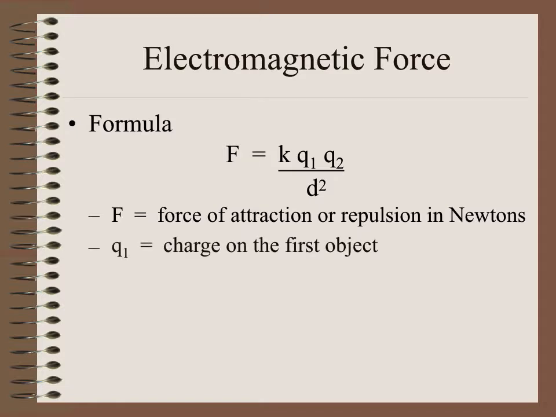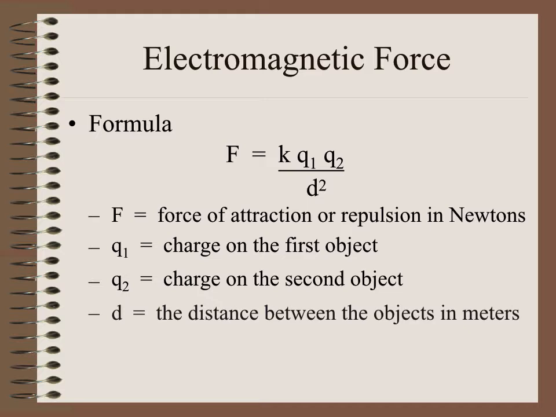The symbol of a lowercase q is used to represent charge. Since there are two charges, we need to be able to tell the difference between them. So we use subscripts, q1 for the first object, q2 for the second object. Then we divide by the distance of the object, which we're going to square, and that has to be in meters, just like gravity. Now that thing out front, just like gravity, is a constant.